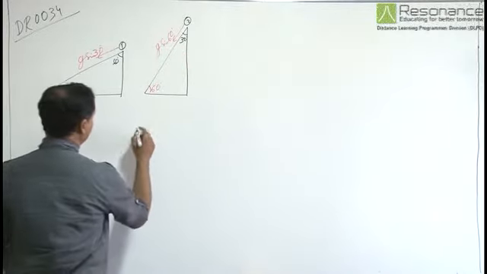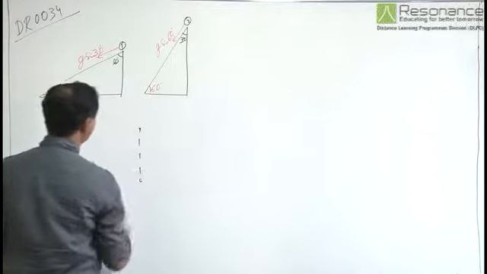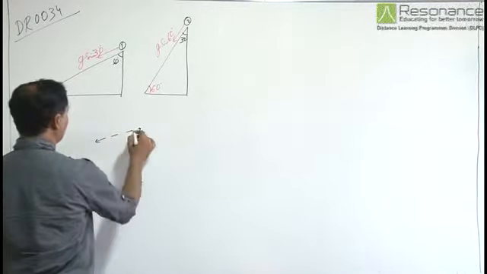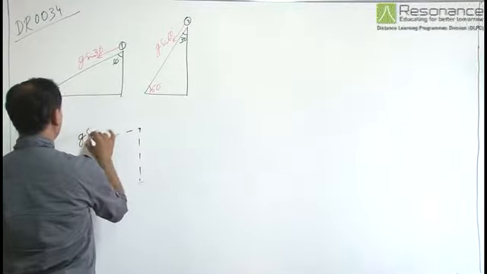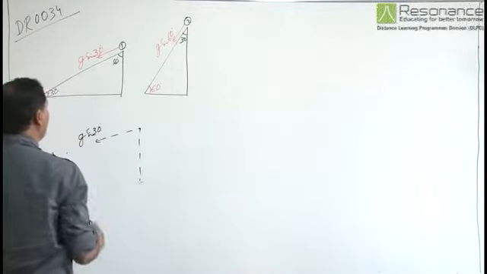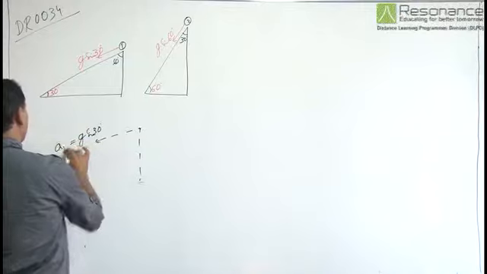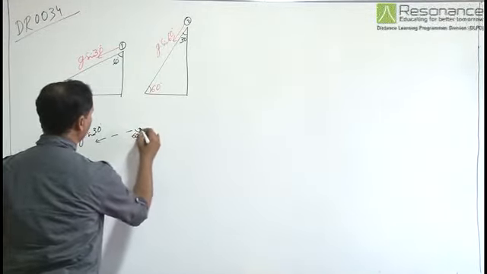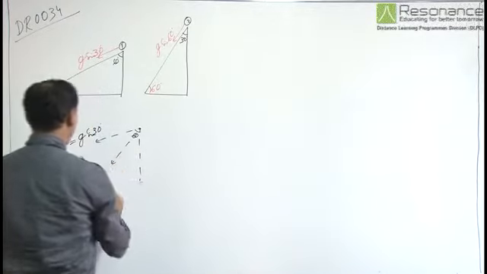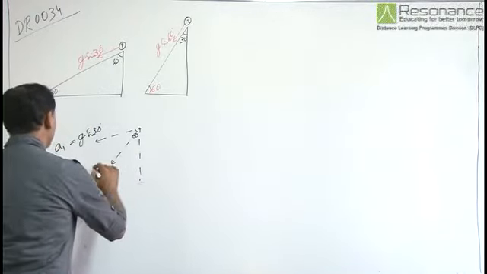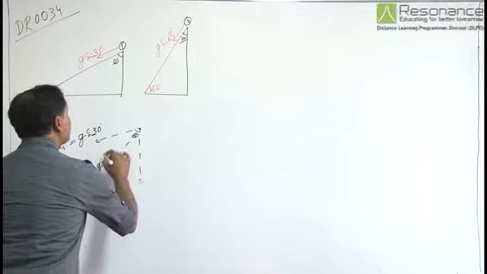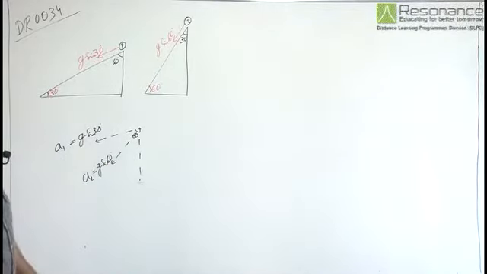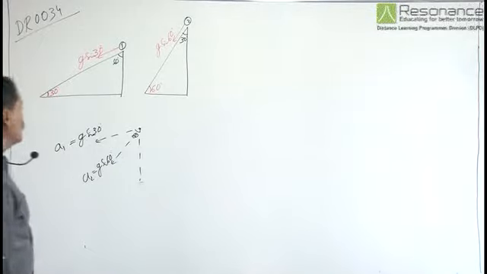If I draw a vertical line, then at an angle of 60 degree, we have g sine 30 as the acceleration of 1. This angle is 60 degree, and we have another particle A2 accelerating with g sine 60. These are the accelerations of particles 1 and 2.